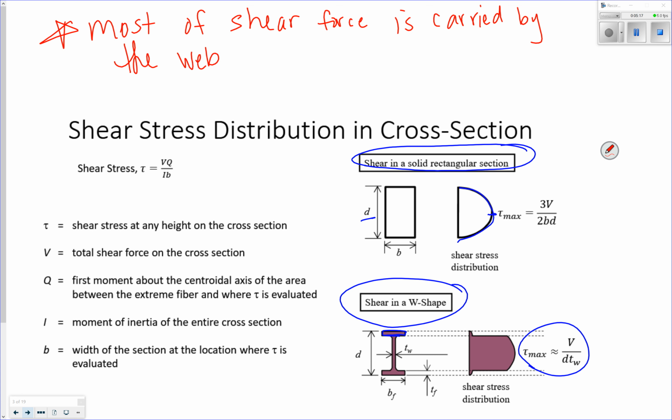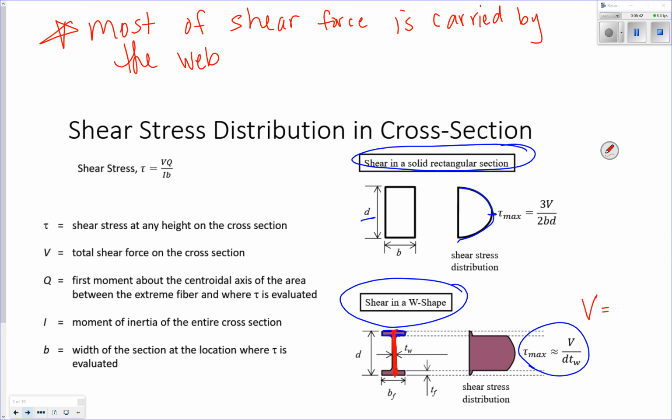So when we're doing shear design of an I-beam, we only care about the web itself, right? D, the depth of your section, times the width of your web. And so we can rewrite this equation down here.